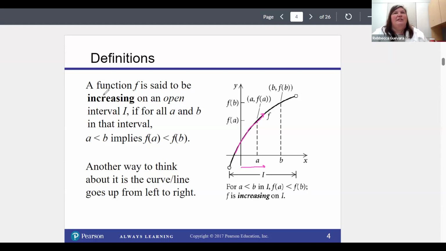The other way this is defined is that for all A and B on the interval, so here's A and here's B, B is something that's greater than A, we want to make sure that f of B is also greater than f of A. That's another way to define that we're increasing on an interval. Like I said, another way to think about this is the curve or the line goes up from left to right.